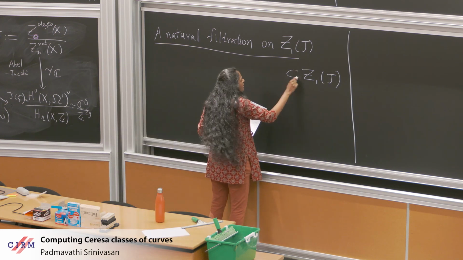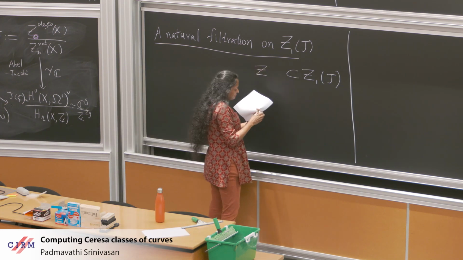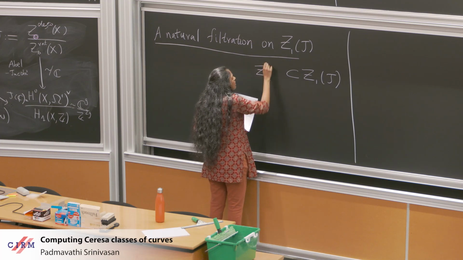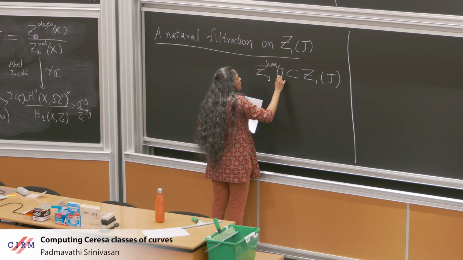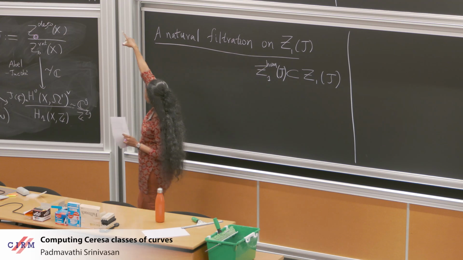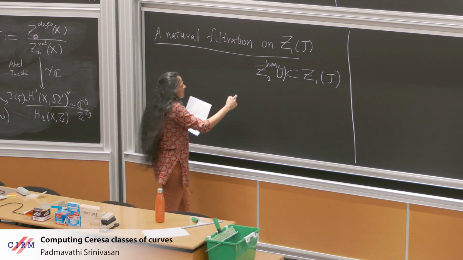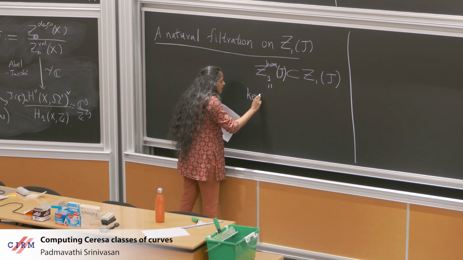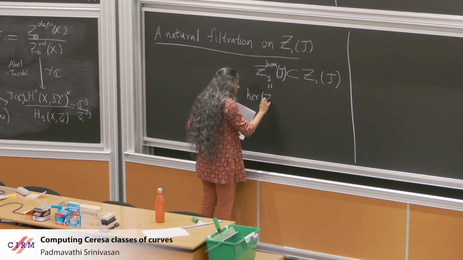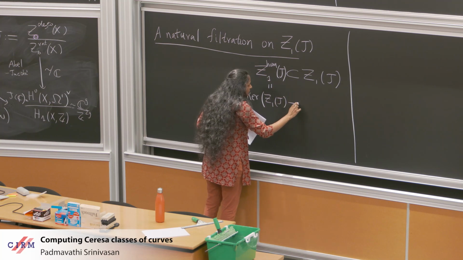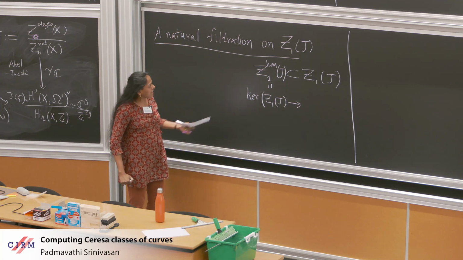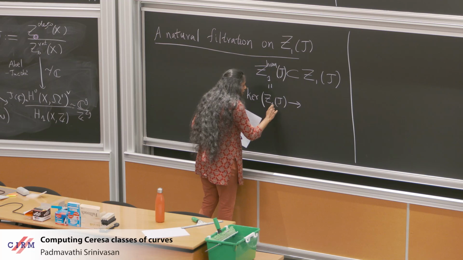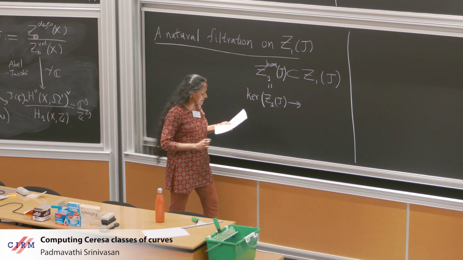So you have the homologically trivial 1 cycles, and I wrote the degree map in that funny way just so that you can see the parallel. So this is the kernel of the map to cohomology, right? So you can take your one-dimensional subvarieties. Each subvariety has a cycle class.